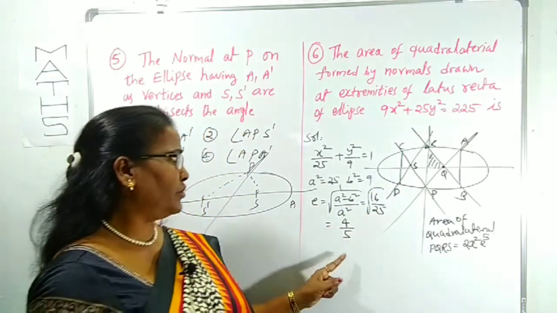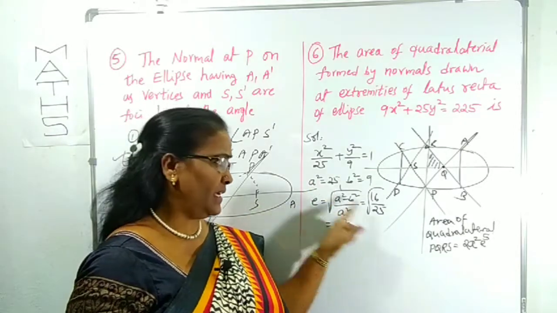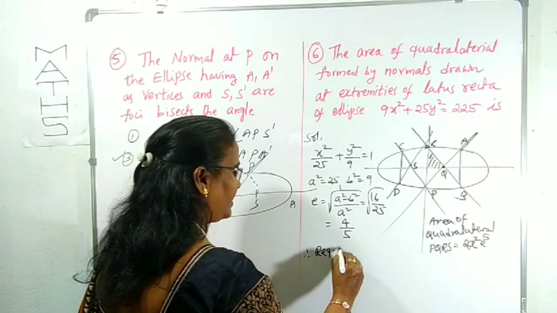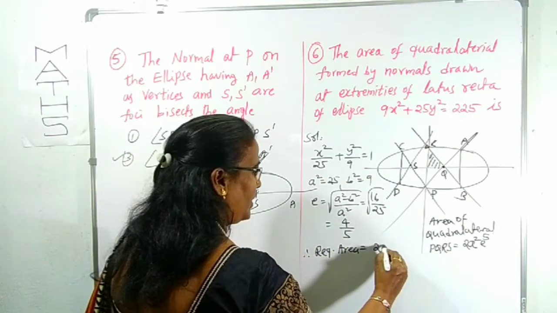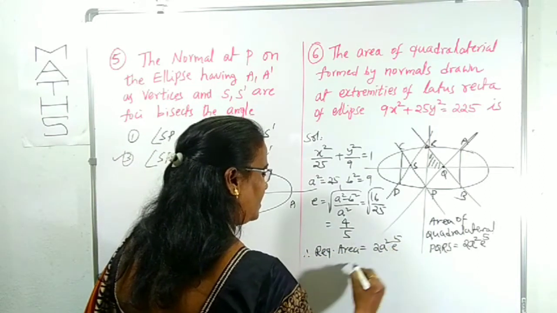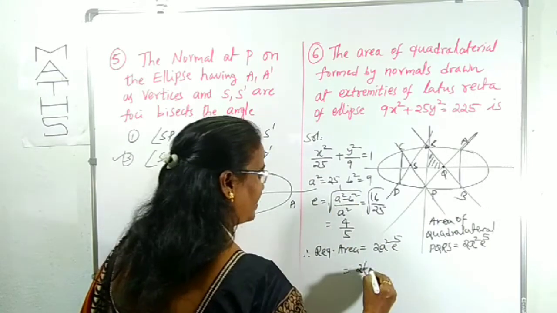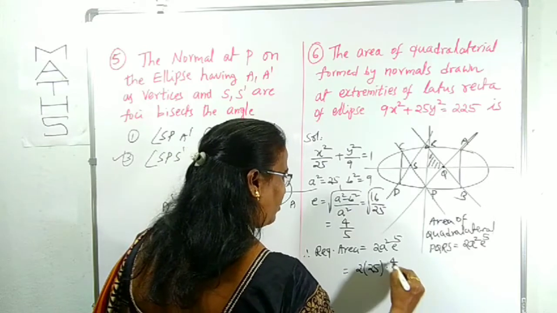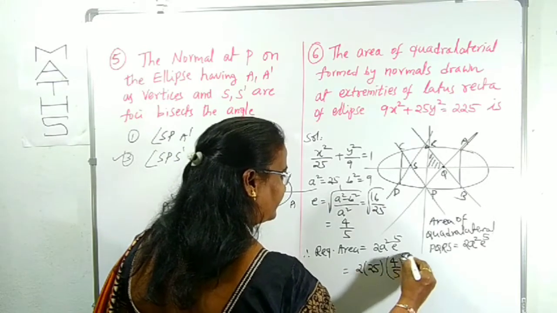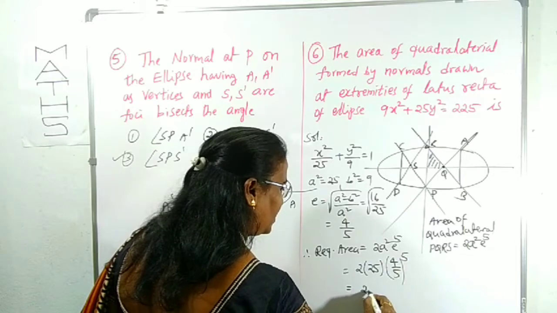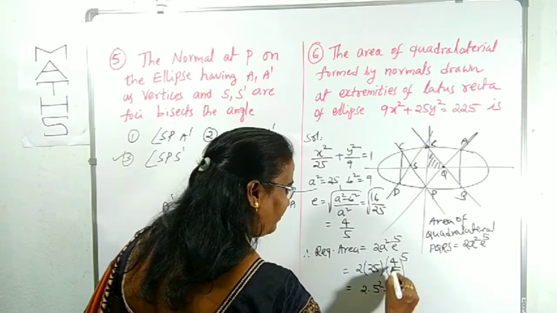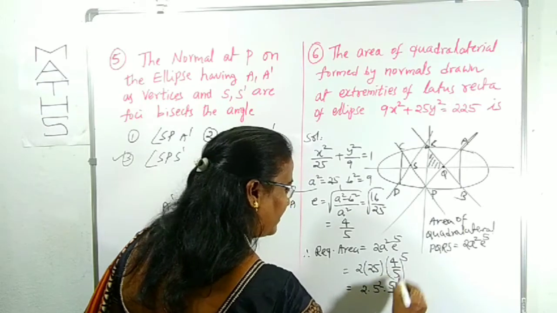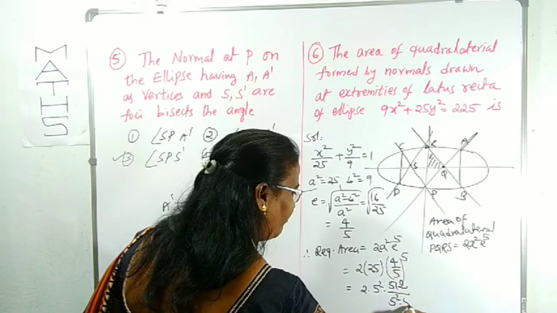The value of e is 4 by 5 and the value of a is 5. Substituting here, the required area is 2a square e power 5, that is 2 into 25 into (4 by 5) whole power 5. We can write 2 into 5 square into 4 power 5, which is 512, by 5 power 5, that is 5 square into 5 cube.